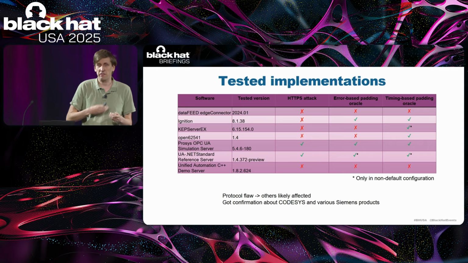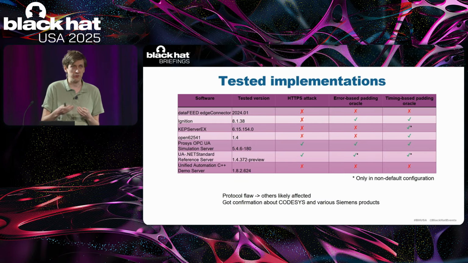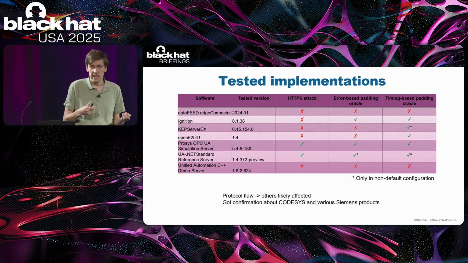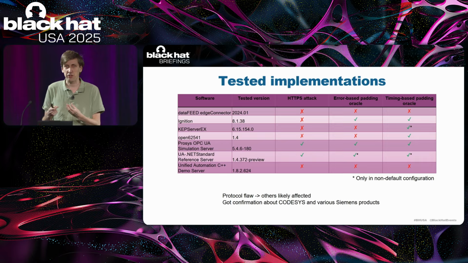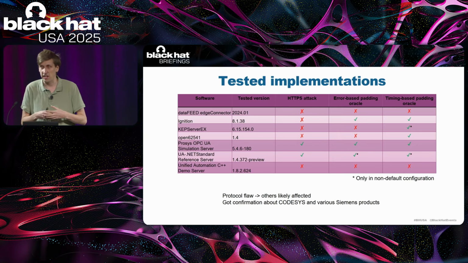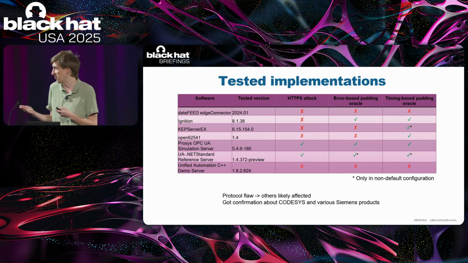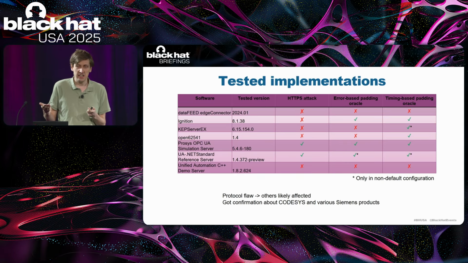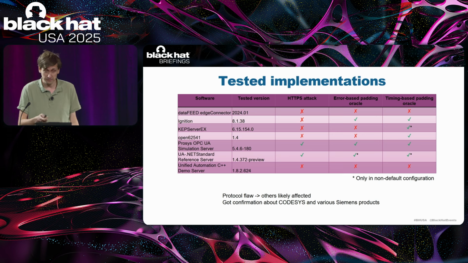After disclosure, I saw several notices from CodeSys and a lot of Siemens products, like the WinCC server, that implemented patches for these vulnerabilities and even gave them relatively high CVSS scores. So from that, I assumed that they were probably vulnerable in common configurations as well.